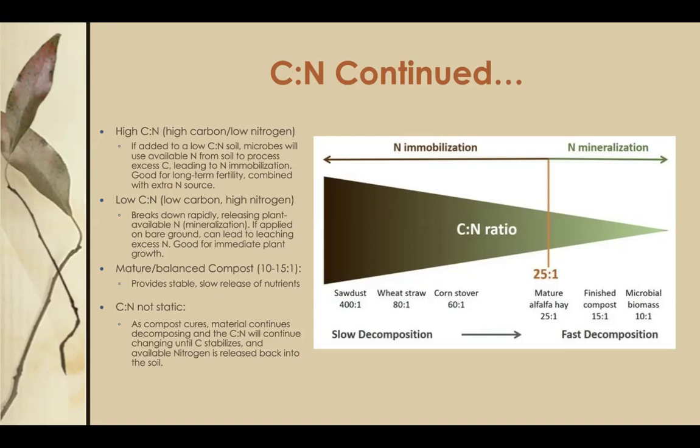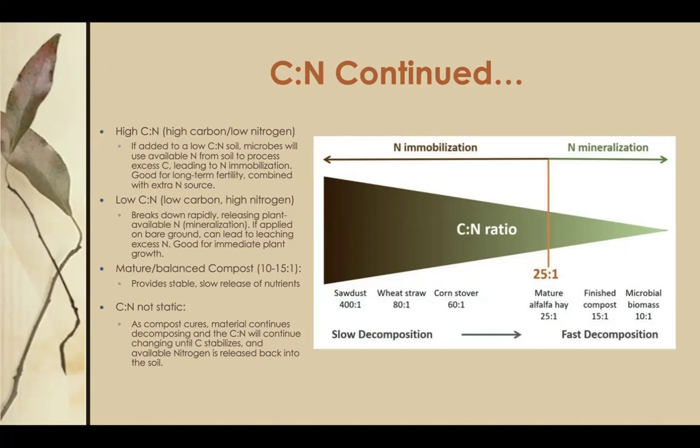And so that nitrogen is going to be immobilized, but eventually it will be released back. It's going to be more of a slow release. So it is good for long-term fertility. But with that slow release, and especially if you pair it with an extra nitrogen source so that you can buffer that, you're going to get a slow release of nitrogen over time.